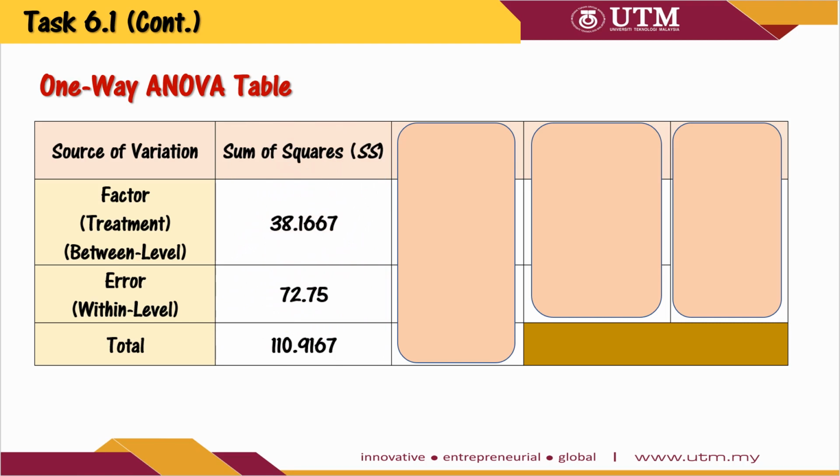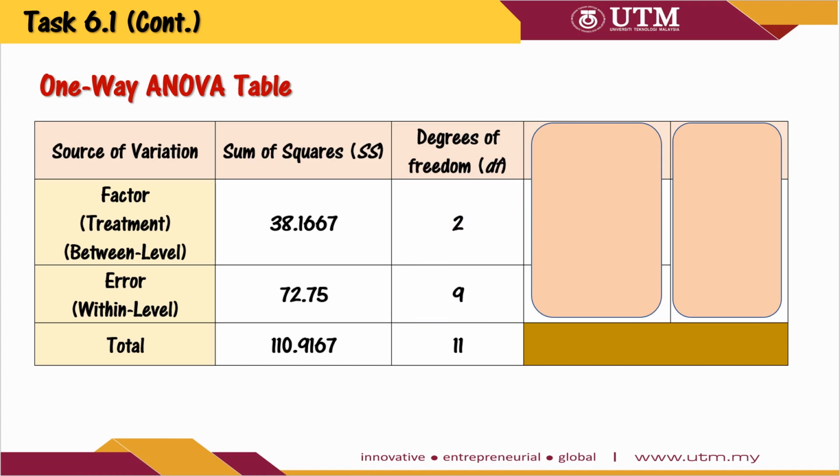The third column is for the degrees of freedom, where you can identify the total degrees of freedom first, which is 12 minus 1 given by 11, followed by the treatment degrees of freedom given by 3 minus 1, which is 2, and the balance is the error degrees of freedom given by 9.